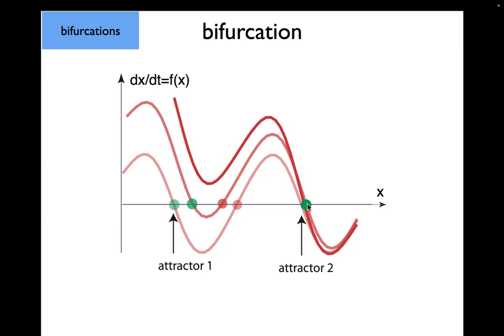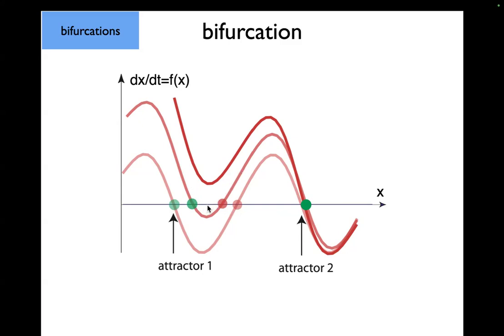Now I'm changing the parameter that ultimately lifts up the left bottom, like adding a linear function with increasing slope to this. So this fixed point hardly moves at all, but these move. As you lift this up, the repeller and the attractor approach each other, and at some critical point they will touch.